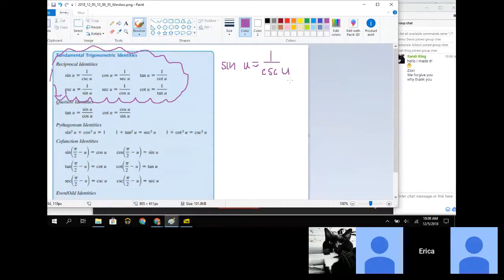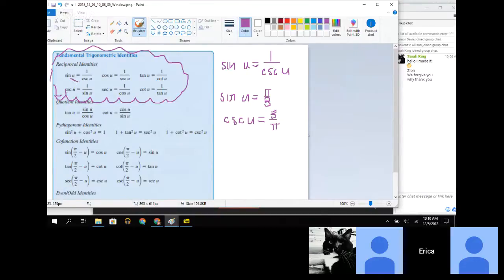And so that's just what it is, right? So if the sine of u was pi over 3, then the cosecant of u would be 3 over pi. Okay, they're reciprocal to each other.